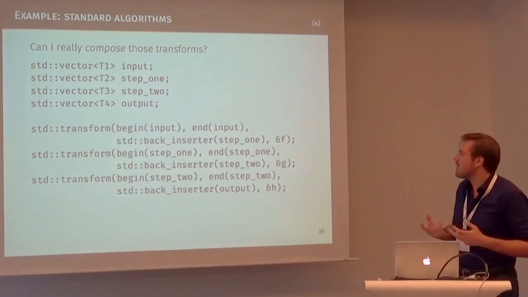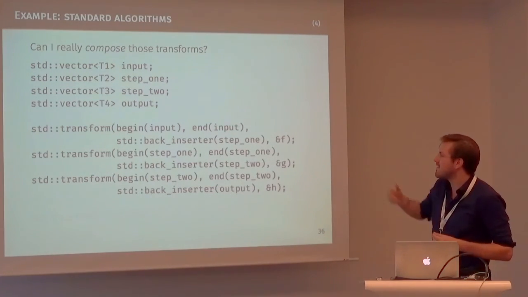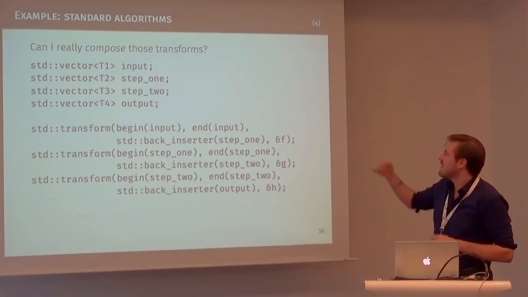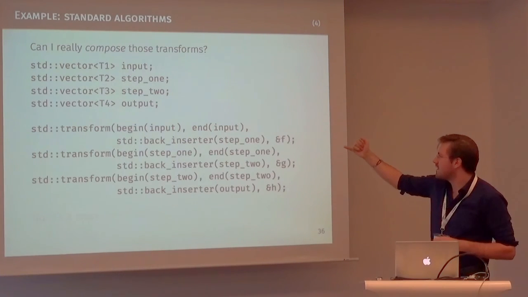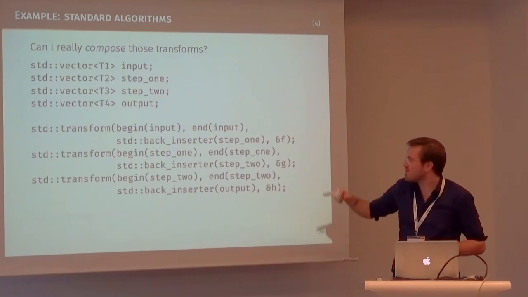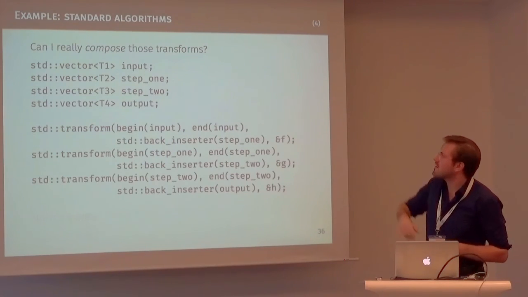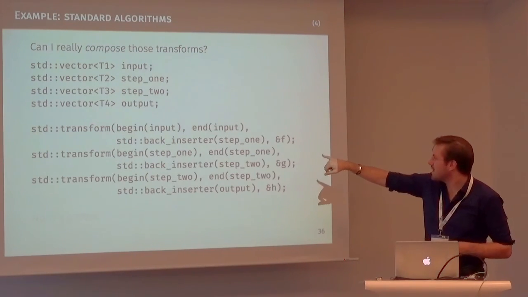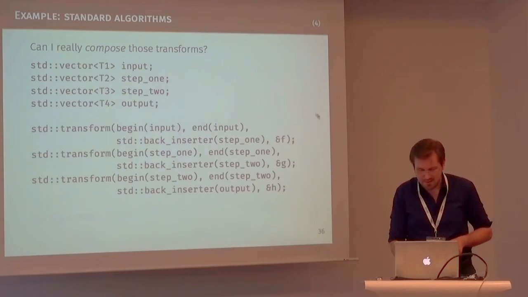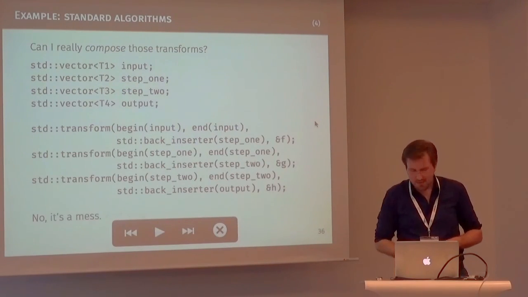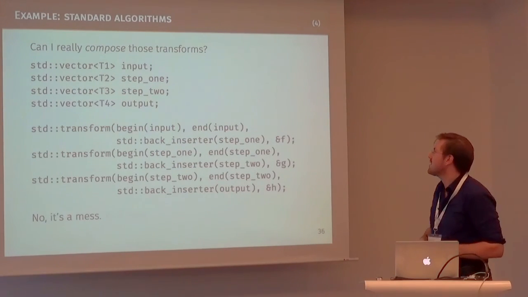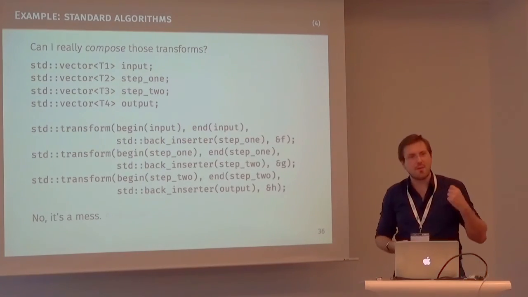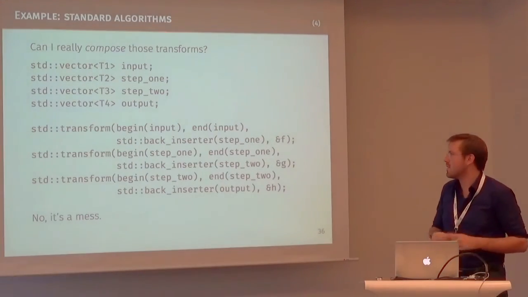So can I compose 3 of these calls? To call std::transform 3 times, I have to declare 4 containers, back_inserter all over the place. It's terrible, okay? So the answer to the questions that I posed before is no.